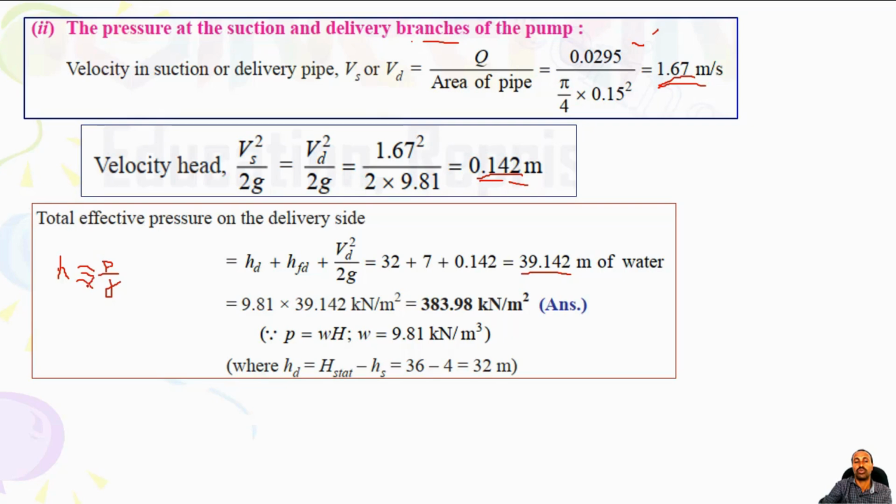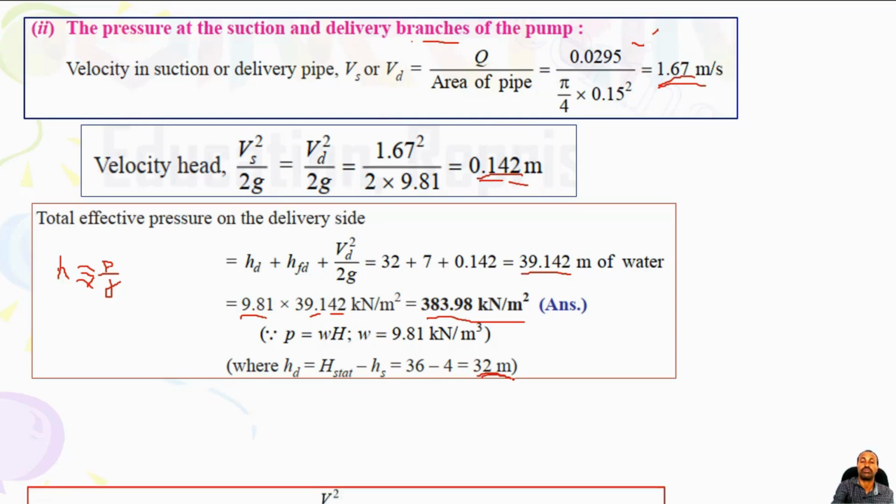So if you crisscross, you have gamma of water 9.81 multiplied by this pressure head, you get 383.98 kilonewton per meter square. So this is the total pressure. P is gamma times H, where HD is static head minus suction, you have 32 meter of water.